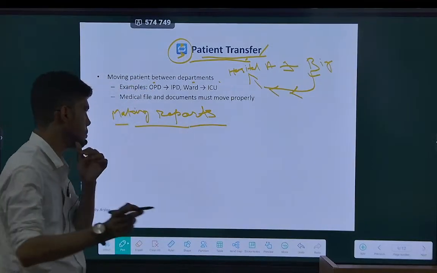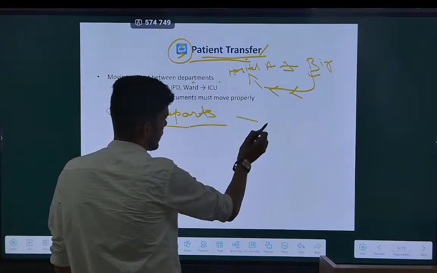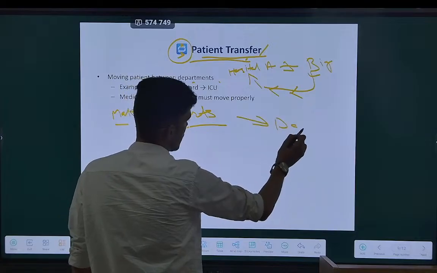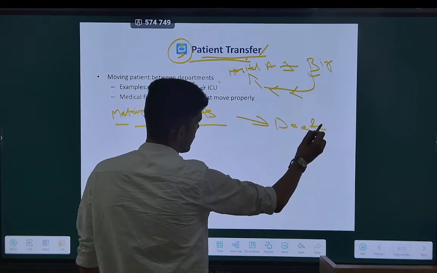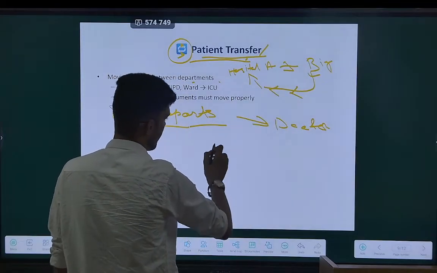When the patient will move, they need to have a report. So when the other doctor sees, he needs to know what's the condition of the patient.